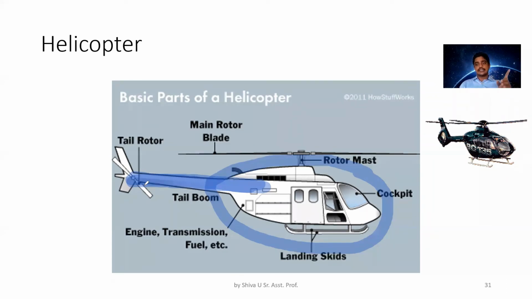I should not disturb the main actual disc, that is, the blade rotation plane, right? So initially we need to calculate where exactly the moment will be countered. At that distance only this tail rotor will be placed. It is not fixed by us, but it is fixed by the design, based upon the main rotor blade.